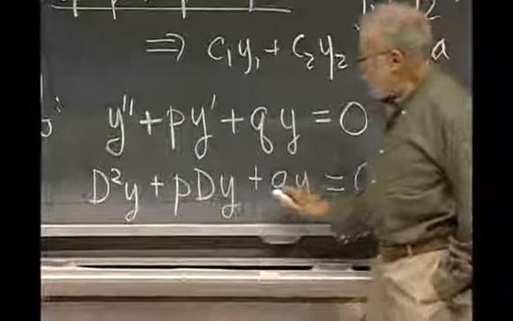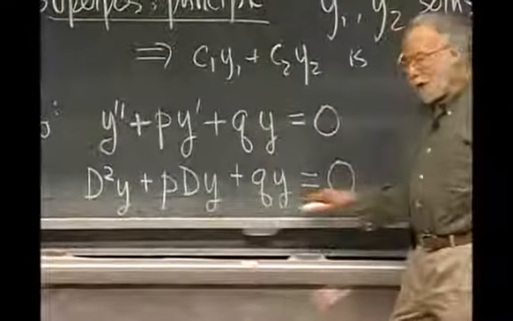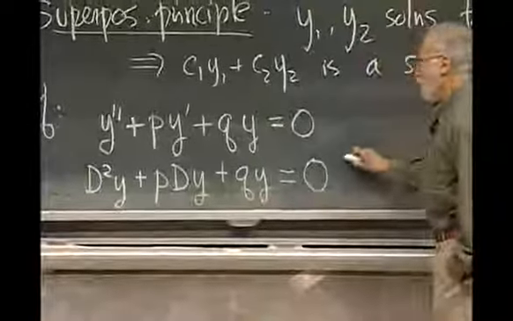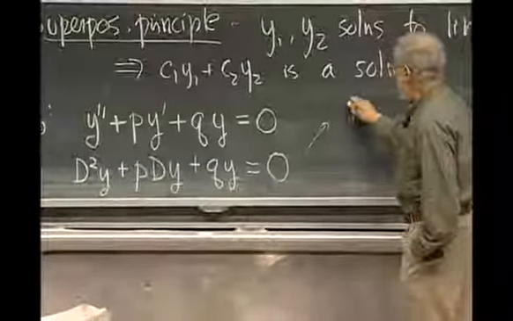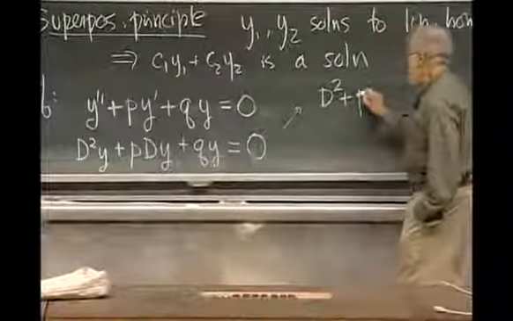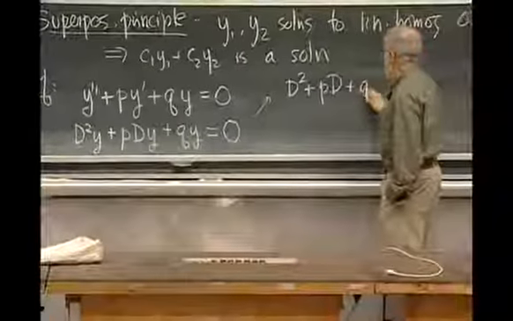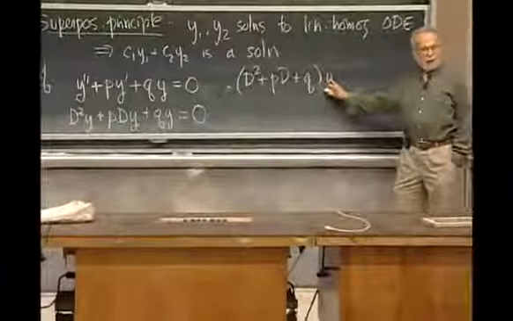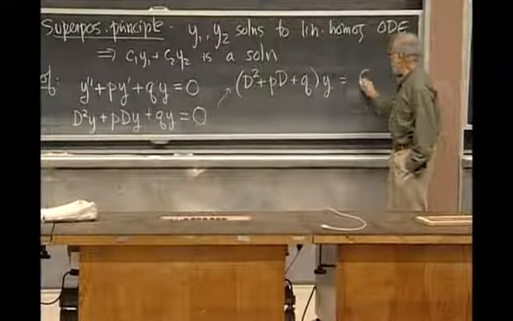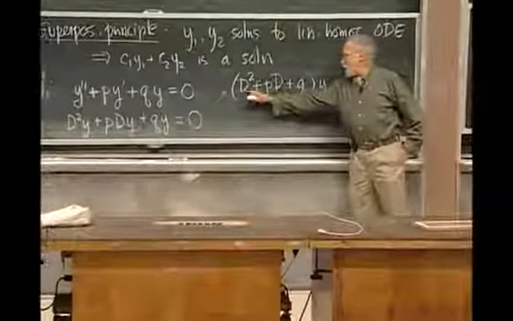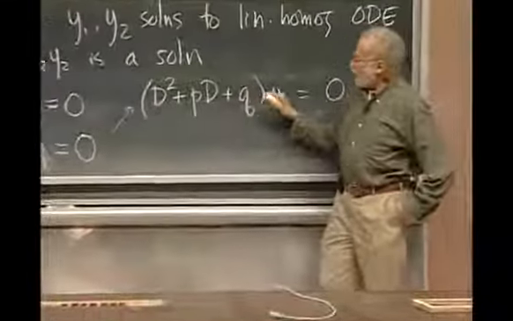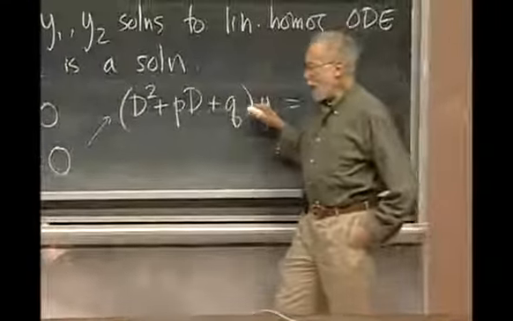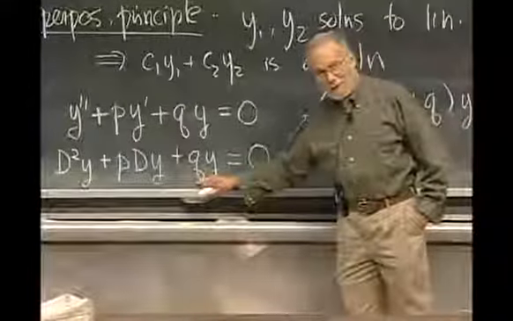Now, I'm going to formally factor out the y. So this I'm going to turn into D squared plus pD plus q. Now, everybody reads this as times y equals 0. But this is shorthand for that.